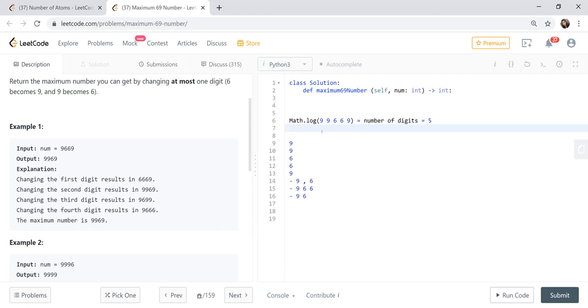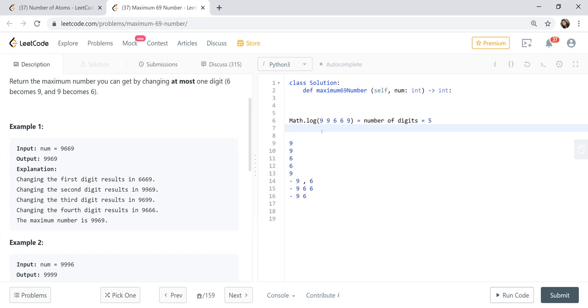And if you do a log on both sides, log of y to the base 2 is equal to x, right? Yes. Now, if you take log to the base 10 on both sides, it essentially tells you the nearest 10 raised to power which first reaches that number. So if you do math.log to the base 10 of this number, it gives you the nearest 10 raised to power.